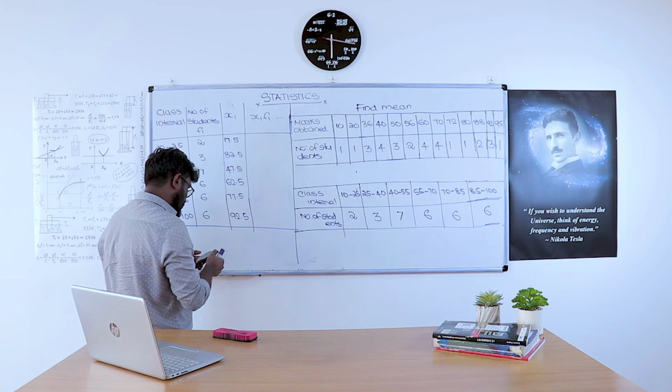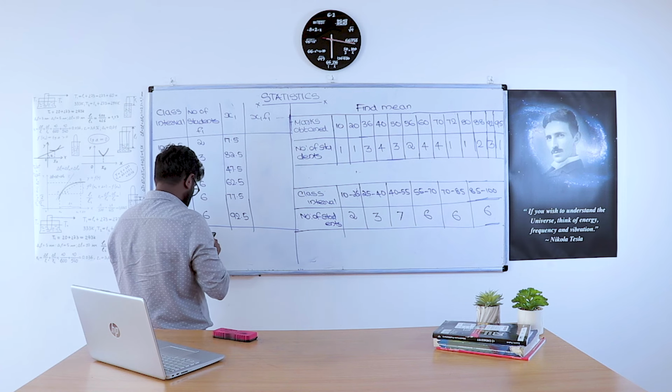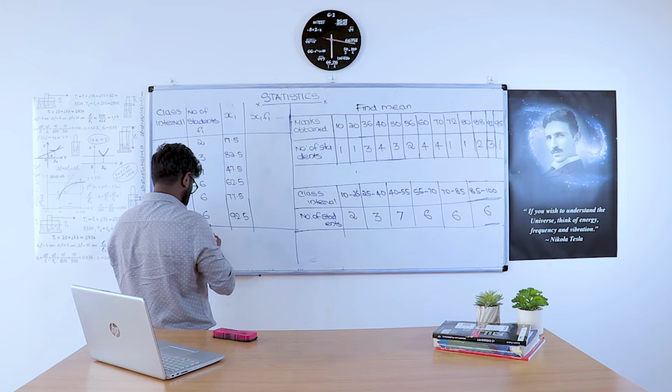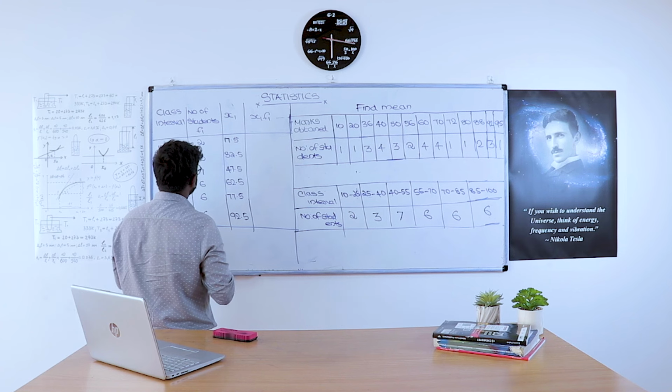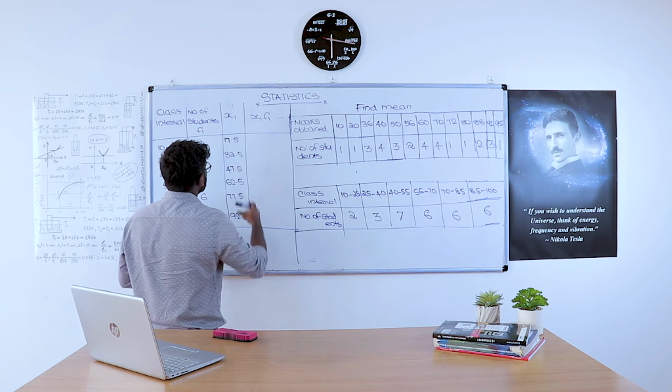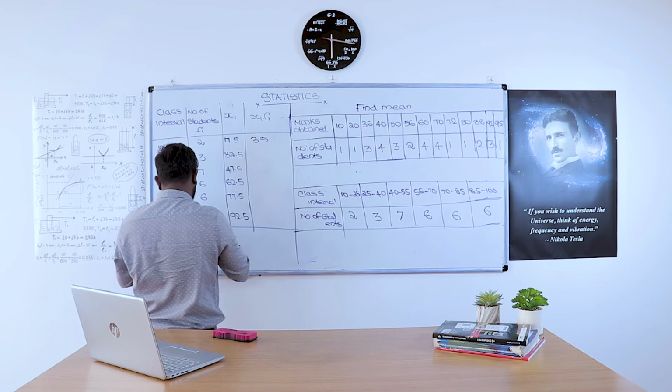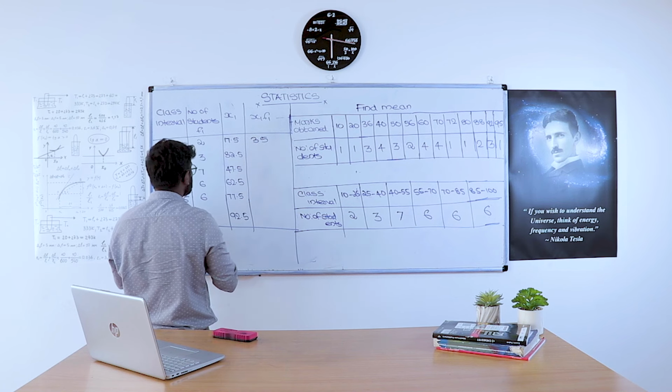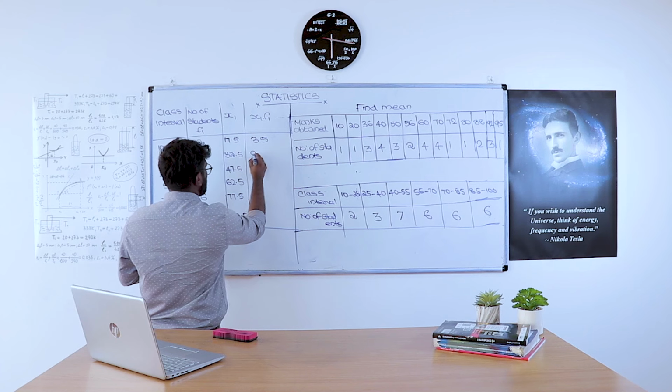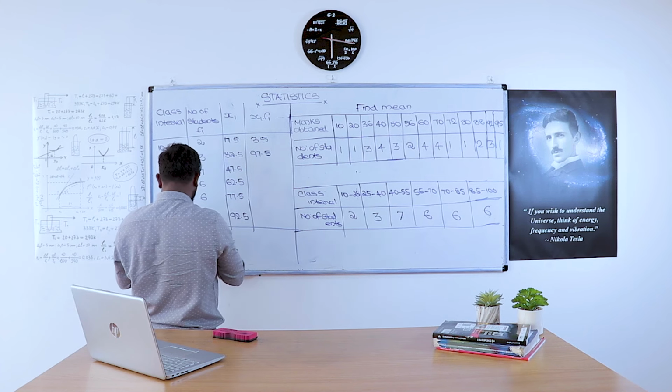So I will use the calculator to find the value. 17.5 into 2, 35. 32.5 into 3, 97.5.